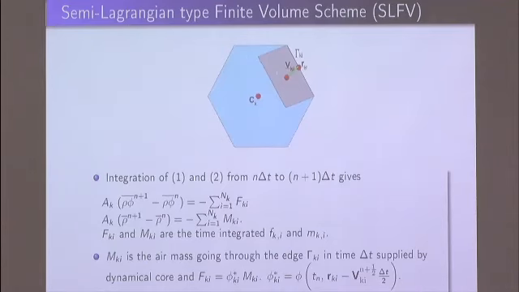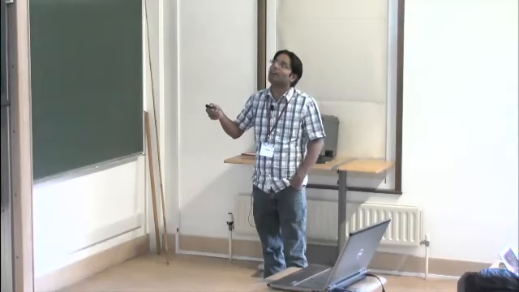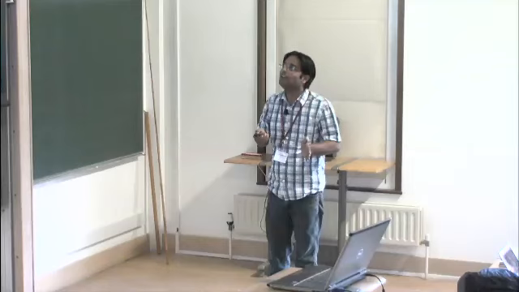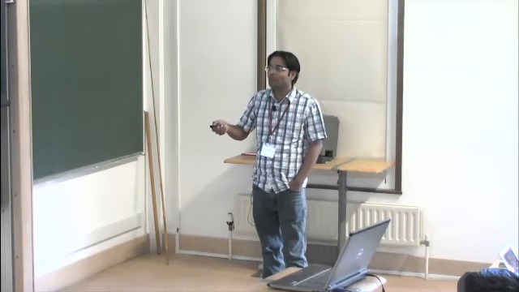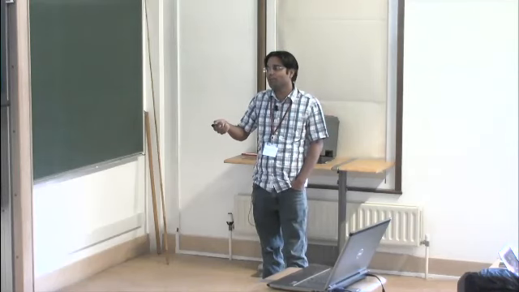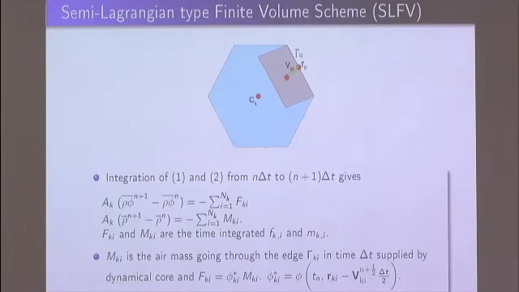We are using a Mura type of scheme, and we approximate this departed region with a parallelogram, and we always assume that this parallelogram will be on the upwind side in only one cell, and we ignore any branching to keep it simple. We approximate the mean mixing ratio by computing this backward trajectory, where Vki is the speed of the fluid, Rki is the midpoint of that edge, and Ck is the centroid of the control volume.